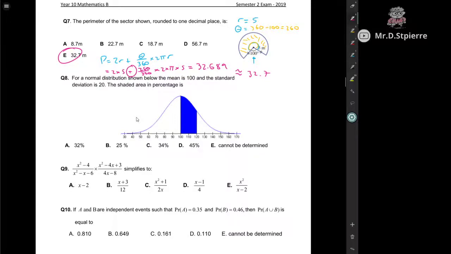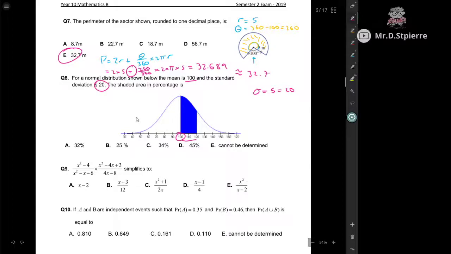So our mean is 100, which is right here, and we're told standard deviation is 20. Depending on what textbooks or notes you look at, the symbology can be quite different, but sometimes sigma is used for standard deviation, or sometimes they use an S. Either way, it is equal to 20.